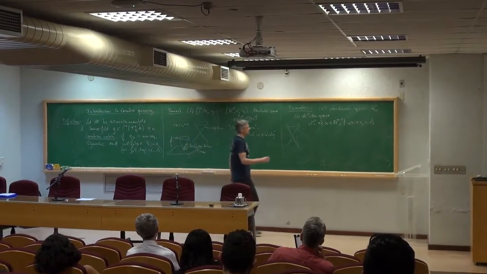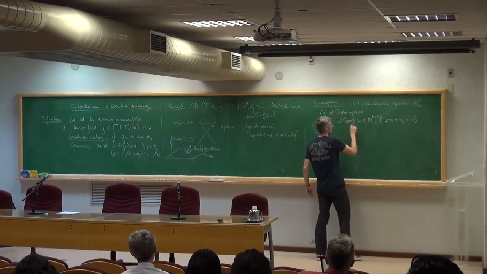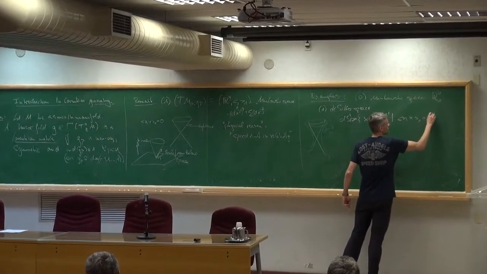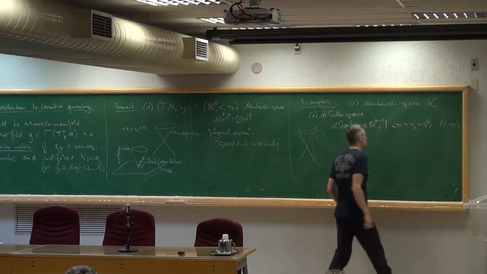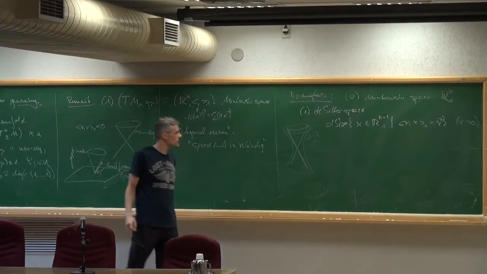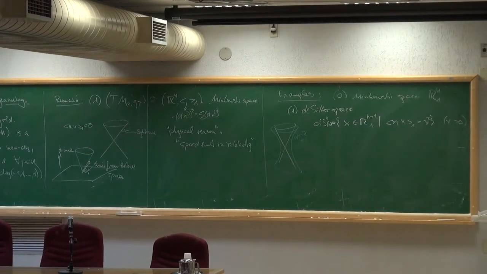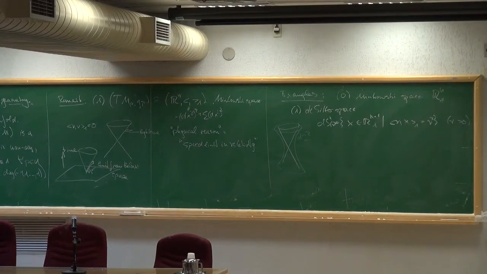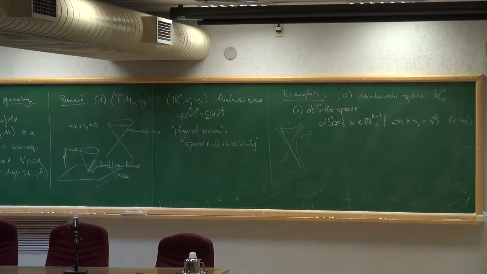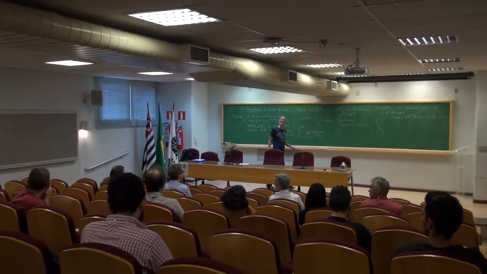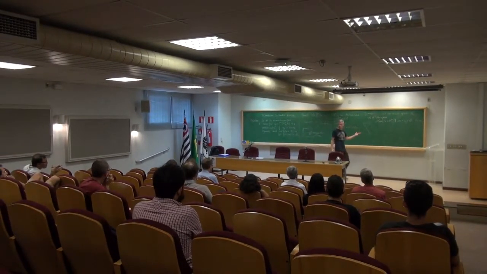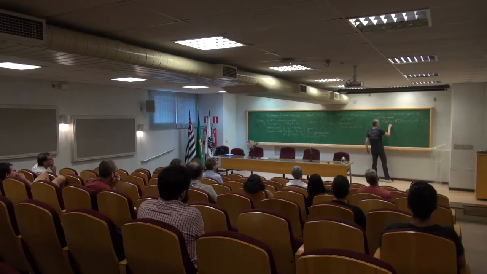And you can actually give this also a radius, then you would call this R squared, for R positive. Of course, for R equals 0, it's a double cone, which is not a smooth manifold. Yes, of course, de Sitter space is this hyperboloid with the induced metric.